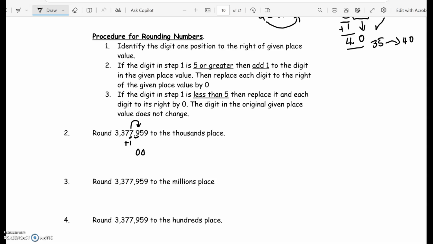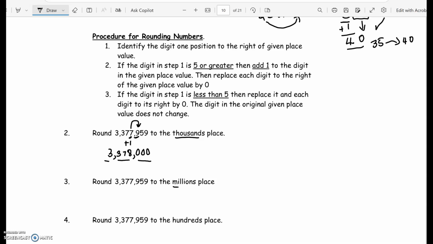Every digit after the 7 becomes a 0 because we are rounding to the thousands place. You have to have at least 3 zeros at the end. We're rounding up, so 7 plus 1 is 8. Every other digit remains the same. So we have 3,378,000 when we round it to the thousands place.